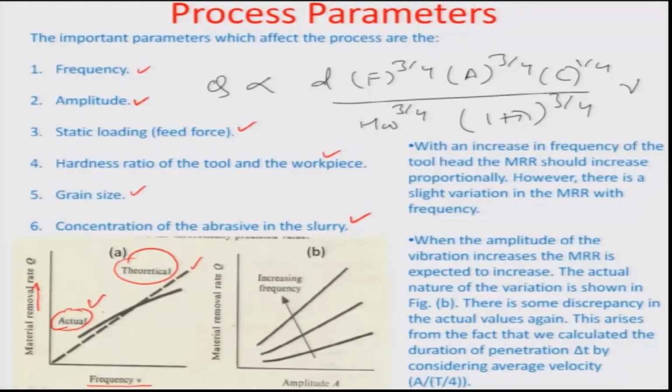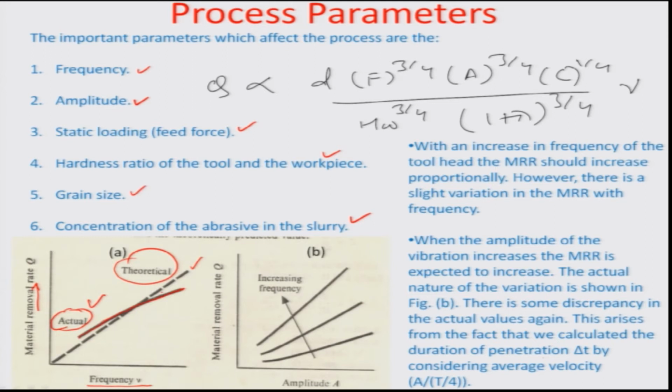So, that is actually not a very good estimate of the velocity of the tool, which would lead to obviously errors in the frequency. So, actually the frequency and material removal rate are related to each other in a not so linear manner. You can see this is how the actual material removal rate varies with frequency.